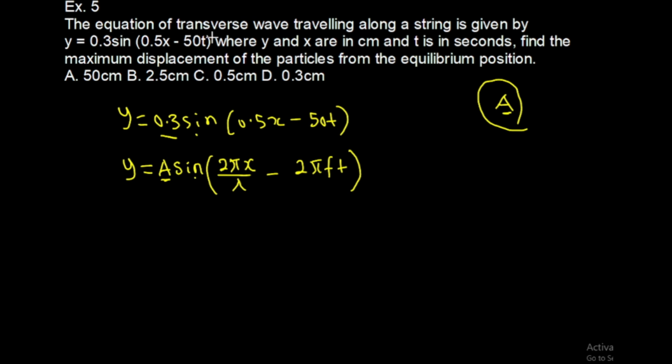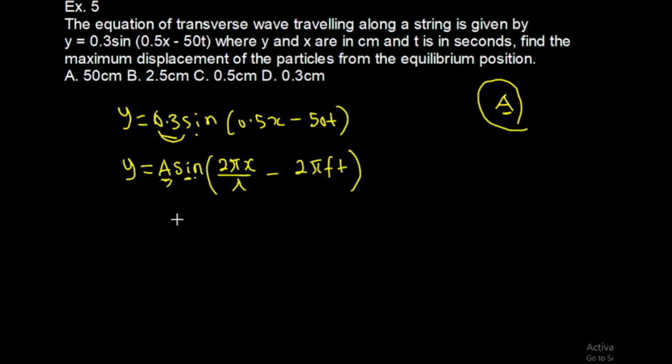Let's come back to the question. They said the equation of transverse wave traveling along a straight line is given by this, where y and x are in cm and t is in seconds. Find the maximum displacement of the particles from the equilibrium position. That is, from this equation, we should calculate the maximum displacement, which is the amplitude. So what is the amplitude we have here? The amplitude is simply what we have at the back of sine, because anything we have at the back of sine, according to the general formula, is always amplitude.